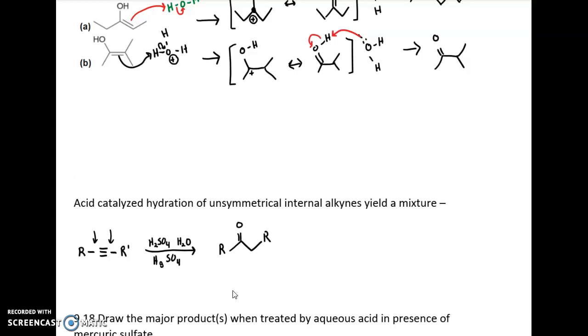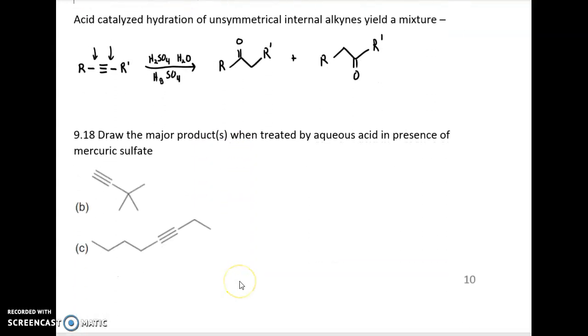We may get the ketone in that position, or we might get the ketone in this position, next to the R. And so this is not a very useful reaction unless you have a symmetrical or a terminal alkyne. So let's draw the major products when treated with aqueous acid in the presence of mercuric sulfate.